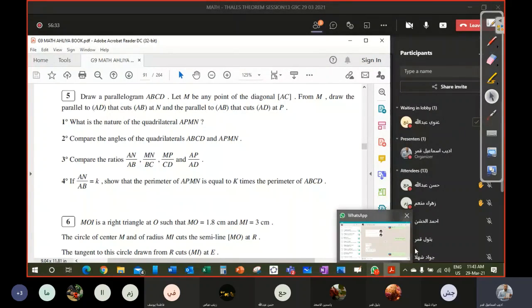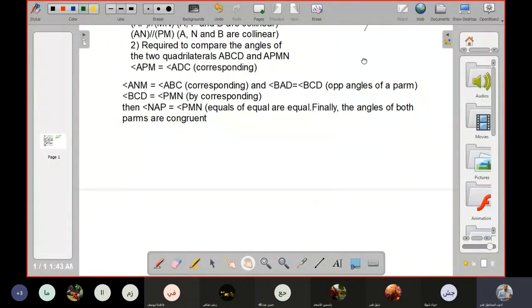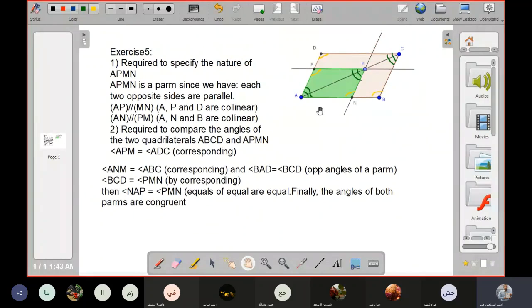Okay, let's go back to the board and see what's going on the figure. AN over AB. Okay, yalla Hassan. AN over AB is equal to what ratio? In the triangle ABC we have MN parallel to BC, given. Very good. AN over AB equals AM over AC equals MN over BC by Thales theorem.